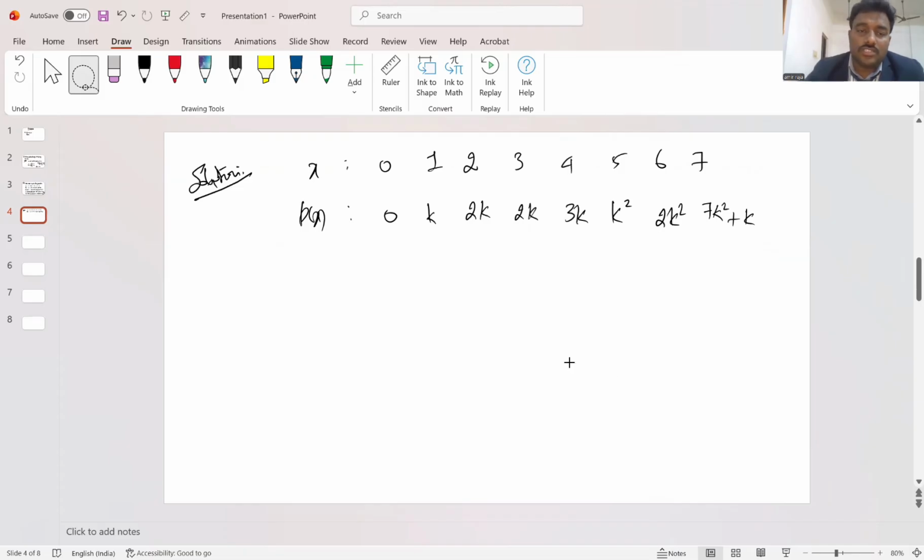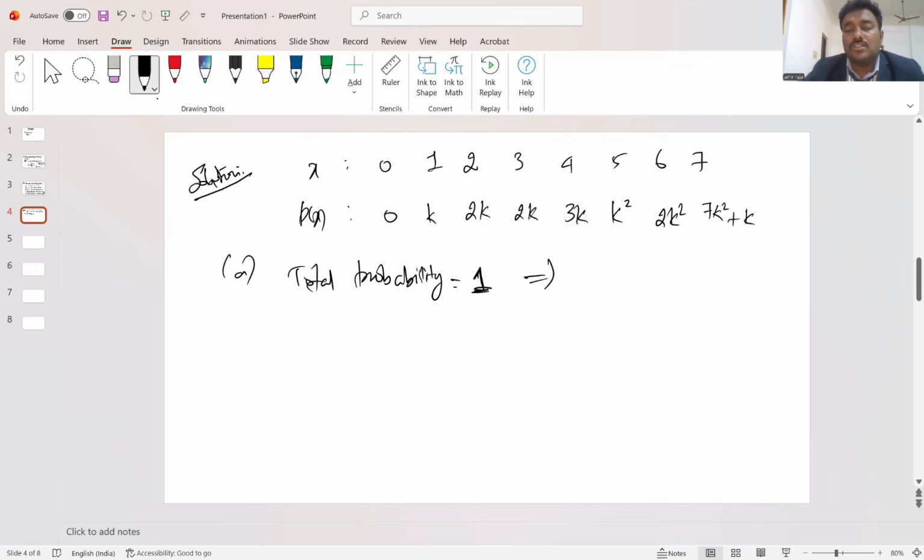So we know the concept called total probability. So total probability is always 1. Okay, so the formula for it is summation of all the probability values is equal to 1.